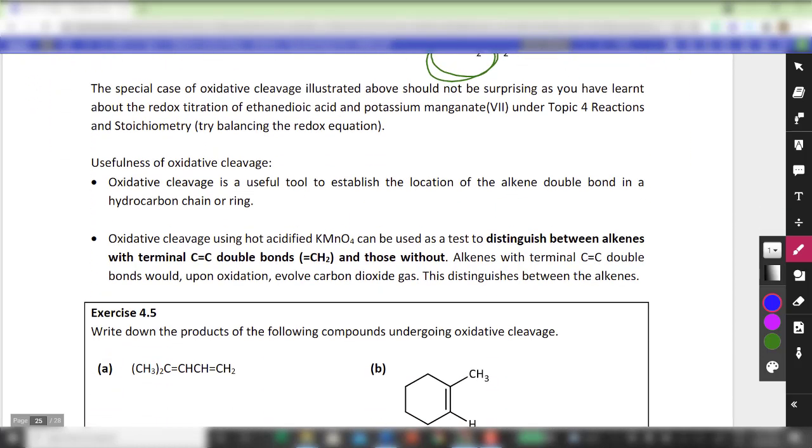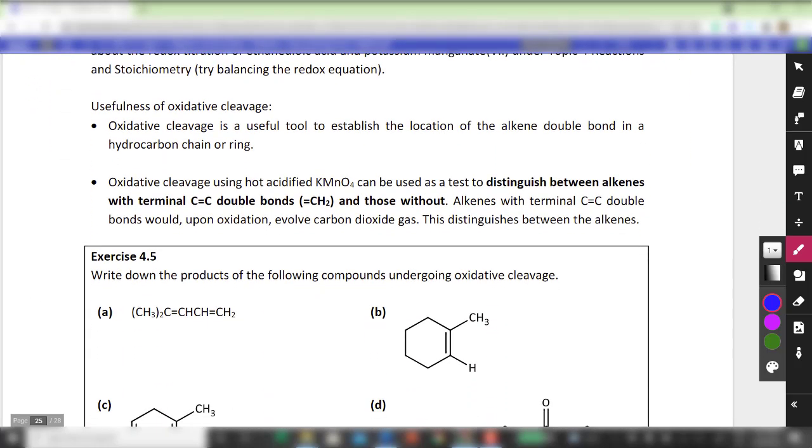So what's the usefulness of oxidative cleavage? Usually it's a useful tool to establish the location of the CC double bond in a hydrocarbon or ring, and you can also use it to distinguish between compounds with terminal alkenes and those without, because CO2 is usually released.